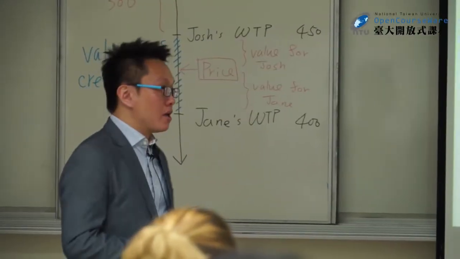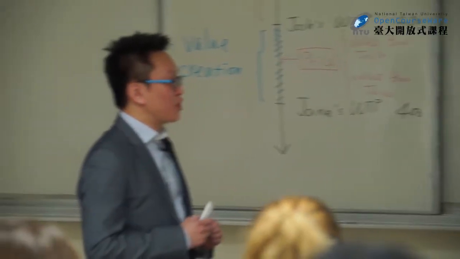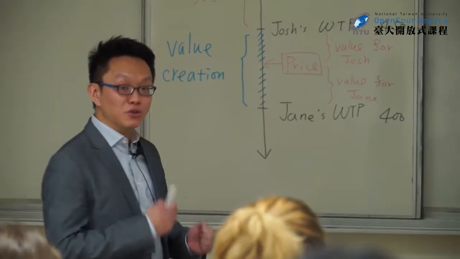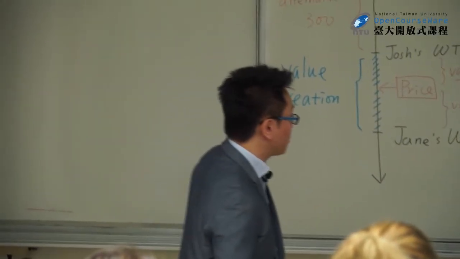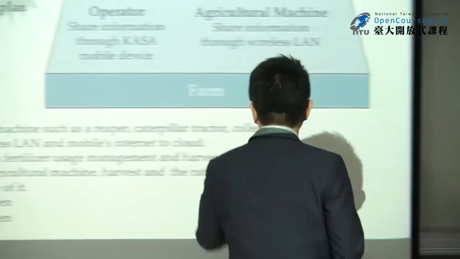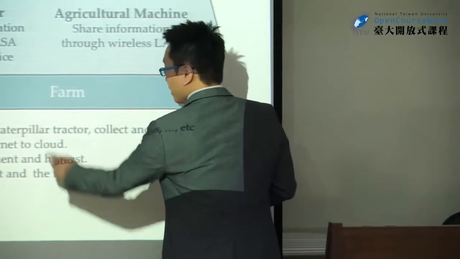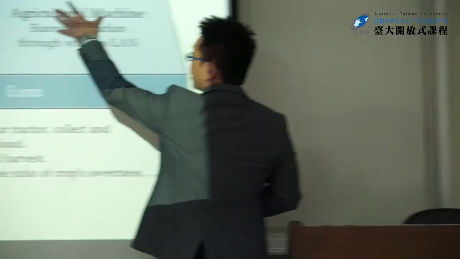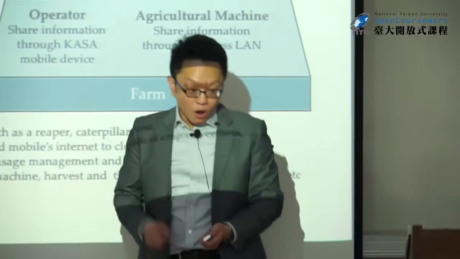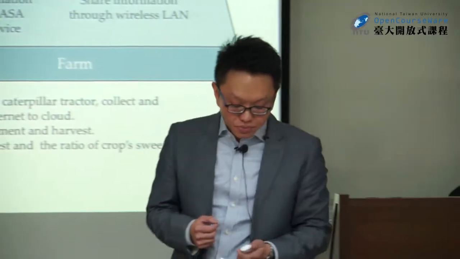So that's why Japanese companies try to have automated agriculture systems without using any real farmer. This is a system created in Japan called CASA. They have tractors and reapers, all these machines without a human inside, and you can use your mobile phone to control all these farming machines.